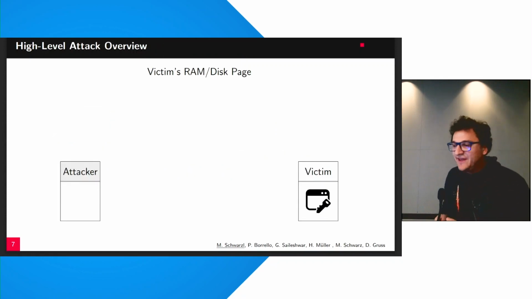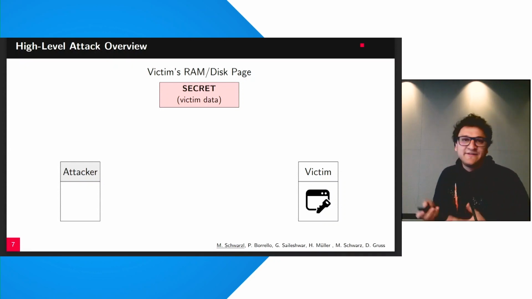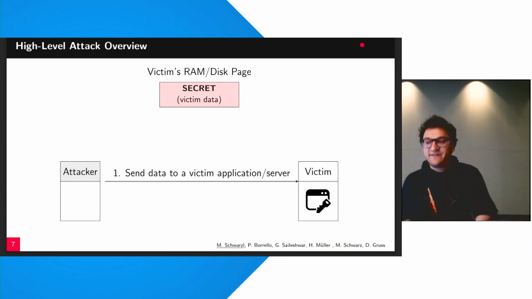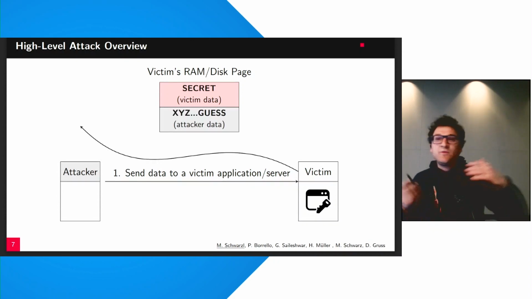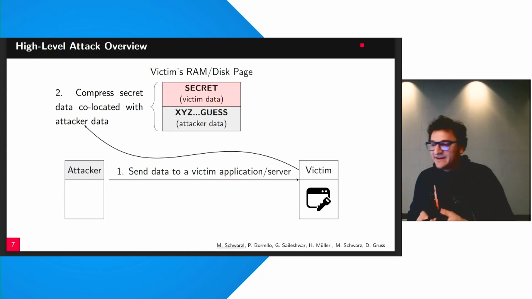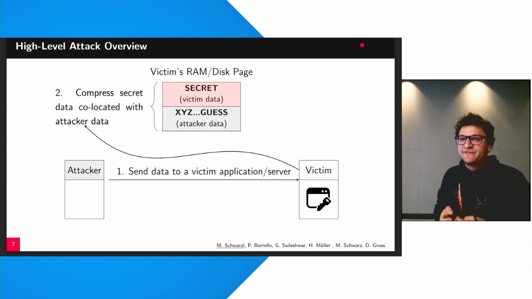But before we come to that, I will explain in a high-level overview what such an attack could look like. There is some RAM or some disk page in between, which contains secret data, and we need some form of interface, some form of API, to communicate remotely. In the first step, an attacker would send some data to a victim application, which will be co-located in the RAM or in some database cell or column, and then the victim's application compresses the content and stores it somewhere.